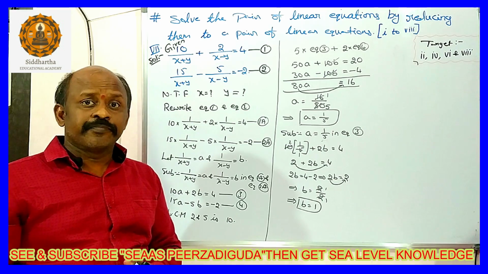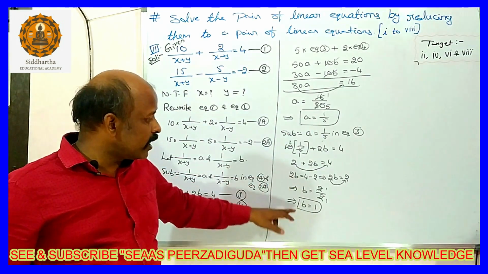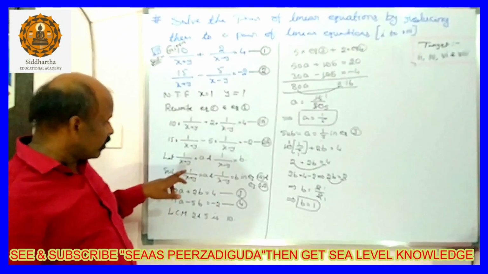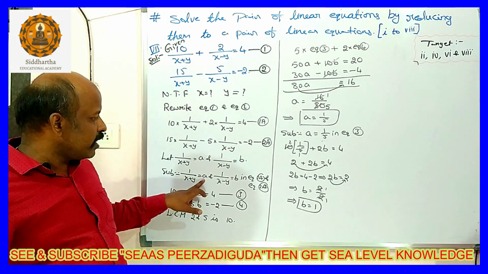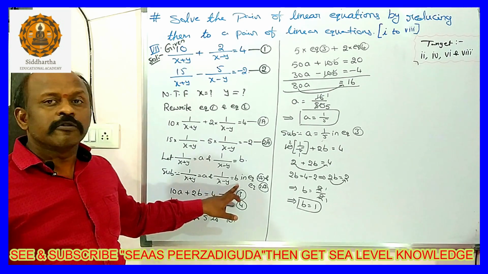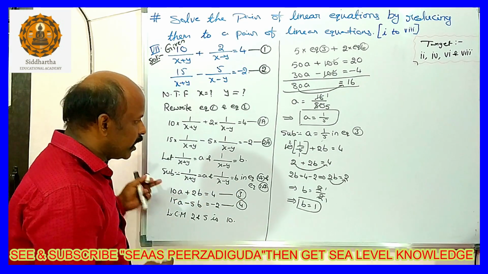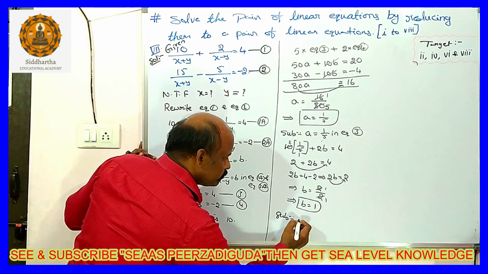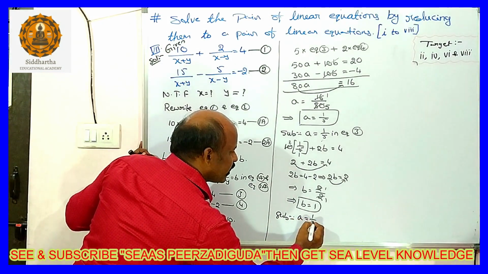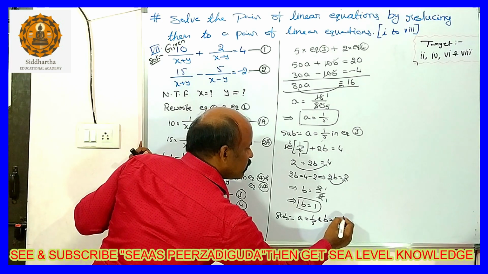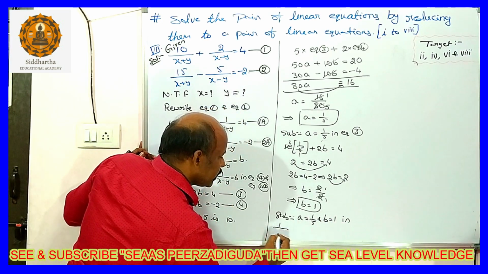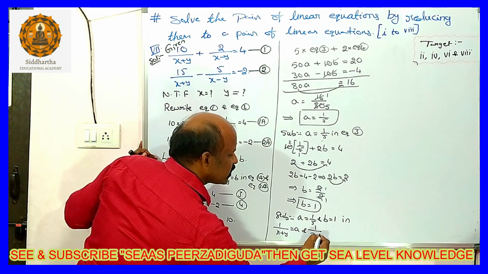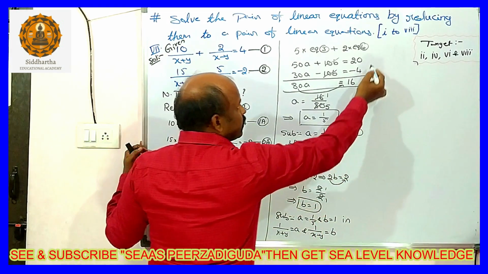After getting the value of a and b, we have to substitute those two values in 1 by x plus y is equal to a, 1 by x minus y is equal to b. So now I am going to write: substitute a is equal to 1 by 5 and b is equal to 1 in 1 by x plus y is equal to a and 1 by x minus y is equal to b.